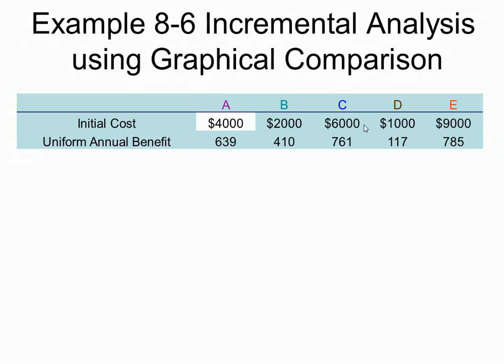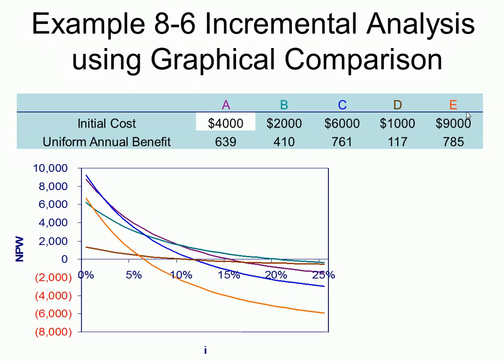If you were to rank them, we would start with D, then B, increasing initial cost, then A, increasing initial cost, then C, even higher initial cost, and the highest initial cost would be E. So it would be D, B, A, C, E. And of course, it depends whether we have do nothing. If we had do nothing, then it would start with do nothing rather than D.